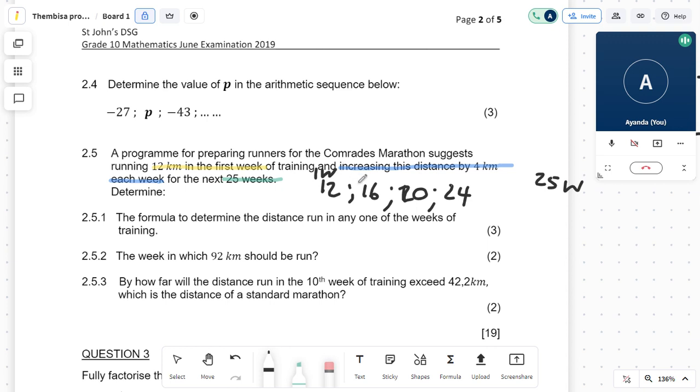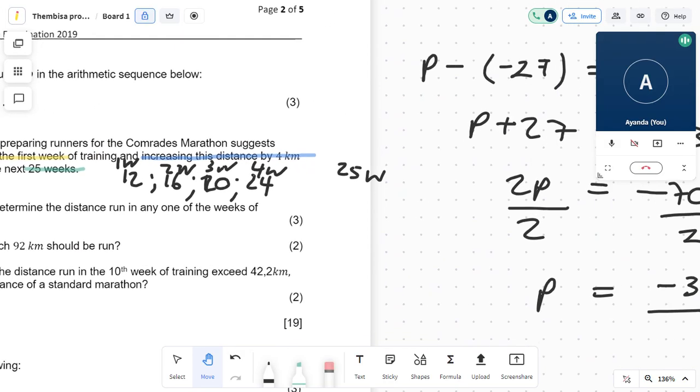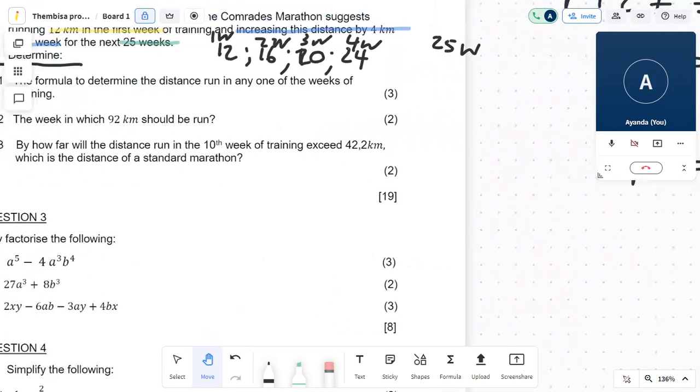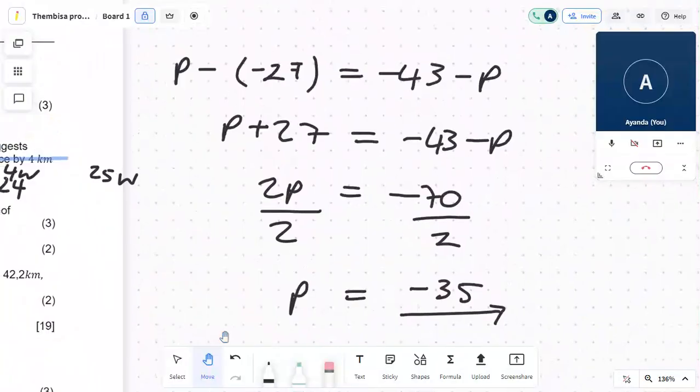So this is 1 week, this is 2 weeks, this is 3 weeks, this is 4 weeks. Now, we're asked to determine the formula to determine the distance run in any one of the weeks in training. So how are we going to find the general formula of Tn?